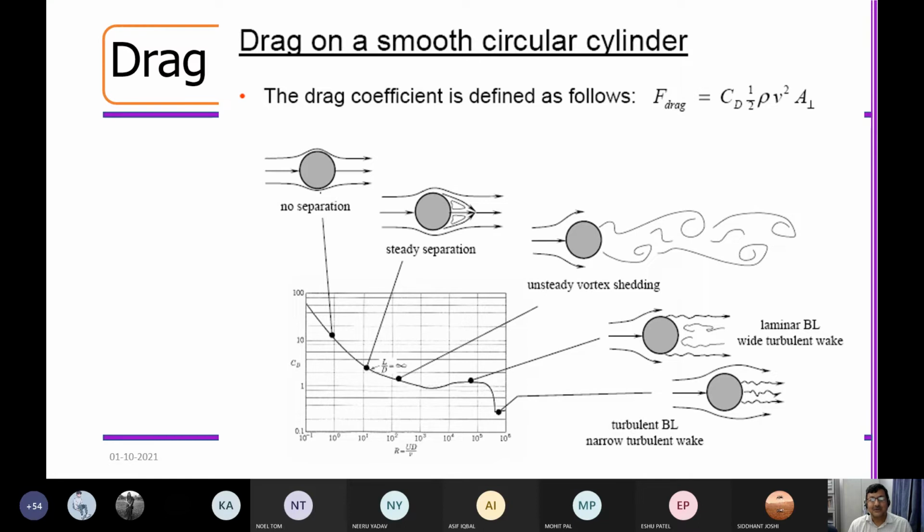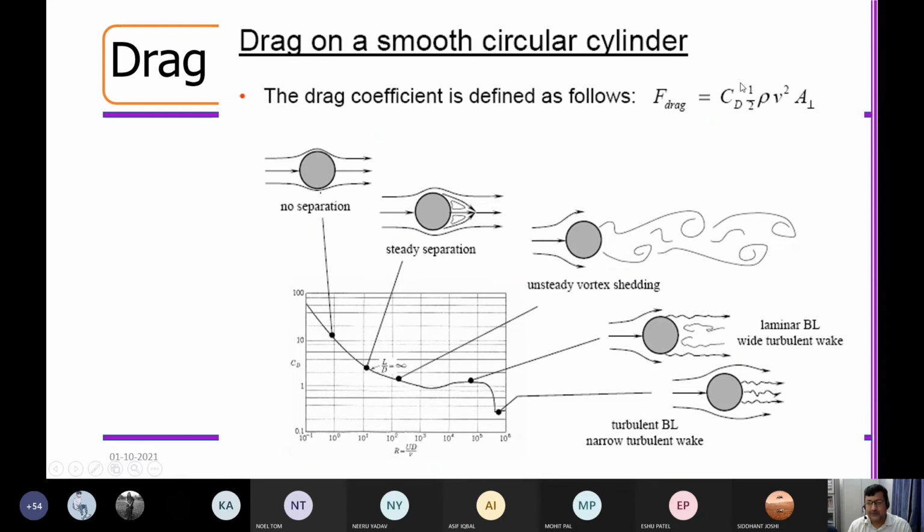So you define the drag coefficient for these surfaces as the drag force divided by half rho v square. F by A cap is your stress, divided by half rho v square, which is your inertia. This is called the drag coefficient.